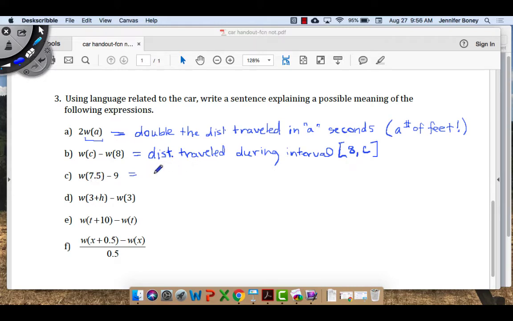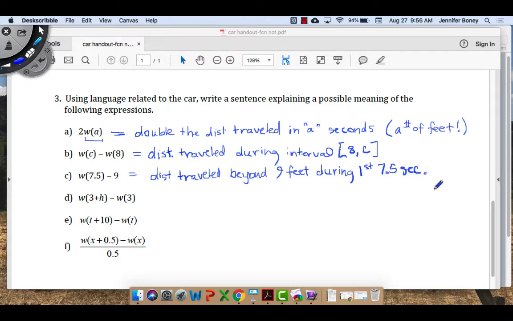You said something like the change in distance between 9 feet and where you were at 7.5 seconds. So the distance traveled in 7.5 seconds from the original 9 feet. Right. Okay, so the distance traveled beyond 9 feet during the first 7.5 seconds.